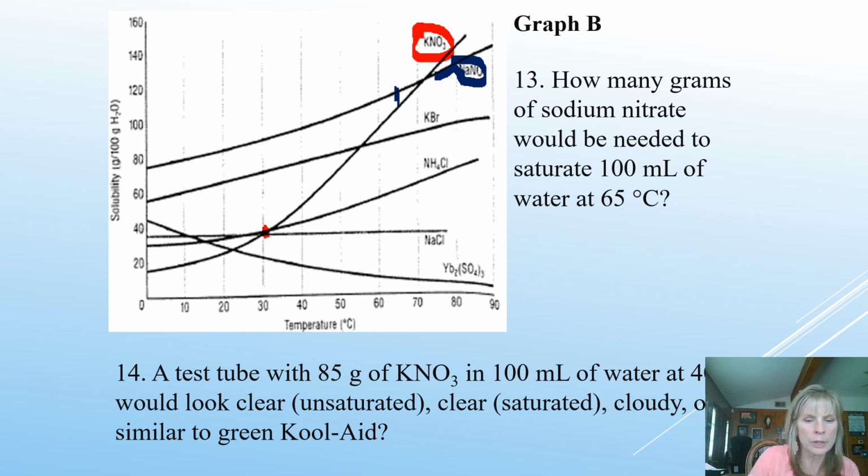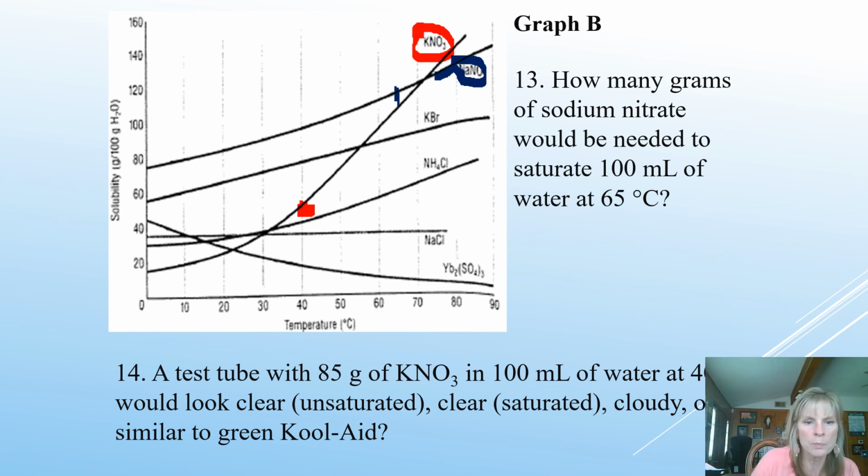Oh, sorry, 40 grams. 40 degrees, so let's, I think I can erase it. Look at that. Technology's great. So 40 degrees, follow that up to potassium nitrate. There we go. That's 40 degrees. A test tube with 85 grams of it in 100 milliliters of water at 40 degrees.